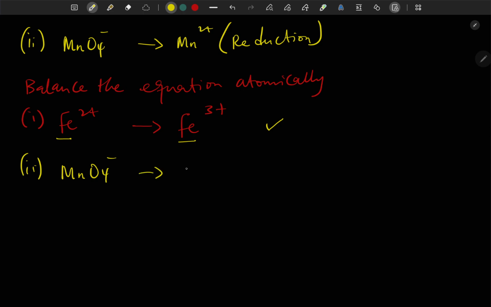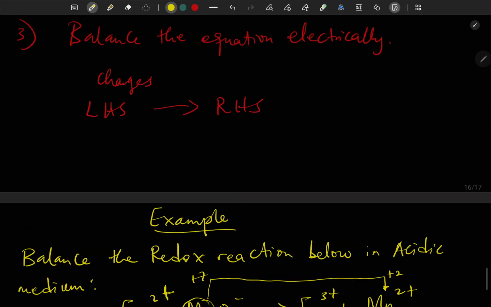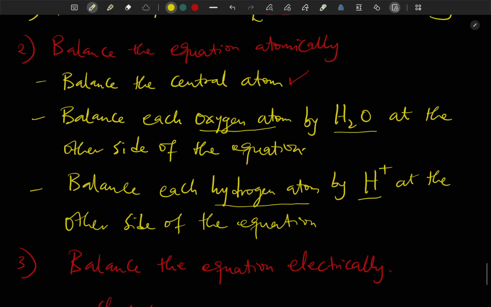So let's look at the second equation. MnO4- gives Mn2+. Manganese is balanced. We have 1 atom here, 1 atom here, but oxygen is not balanced. We have 4 atoms of oxygen here. We have no oxygen at the other side. So let's go back to the steps. It says balance each oxygen atom by H2O at the other side.